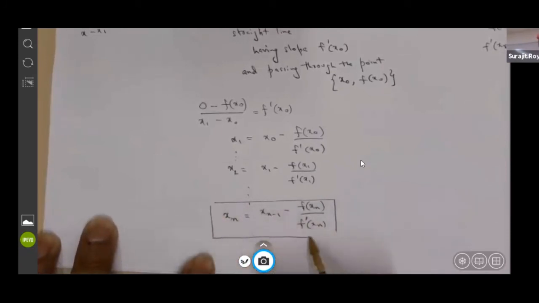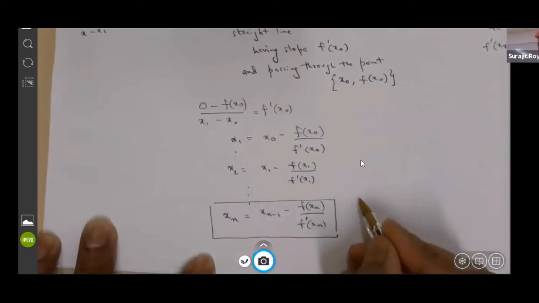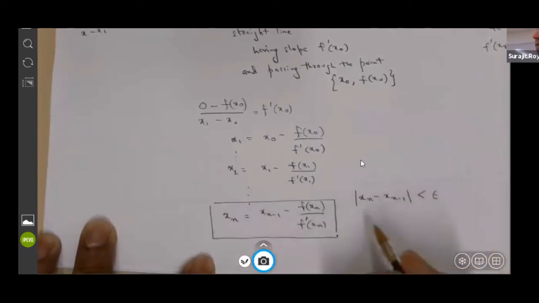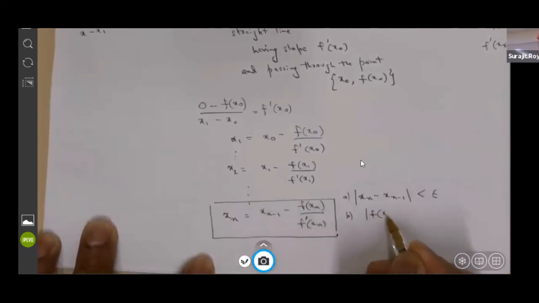And the stopping criteria are three criteria: either the absolute value of xn minus xn minus 1 is less than the error value, or the absolute value of the function value at the nth step is less than the threshold value, or the total number of iterations reaches the max iterations.